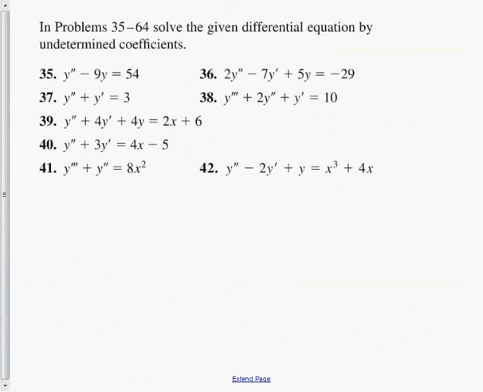The first method was the superposition approach, and the main header was undetermined coefficients. That was section 4.4. Now 4.5 is the method of undetermined coefficients, but here using the so-called annihilator approach. They're very similar, and that's the really cool thing about it.